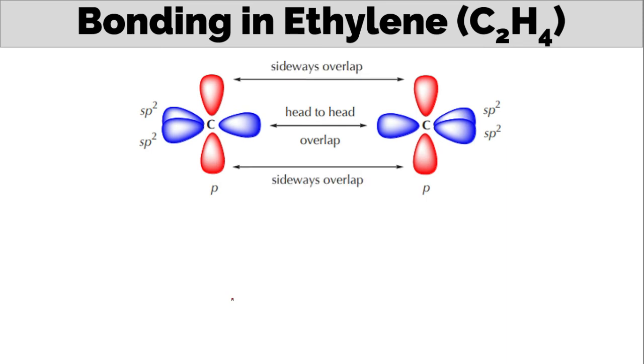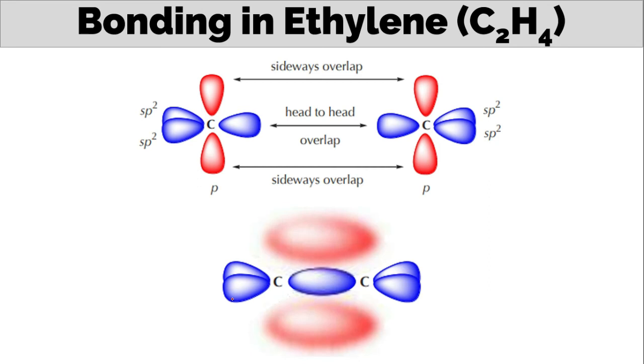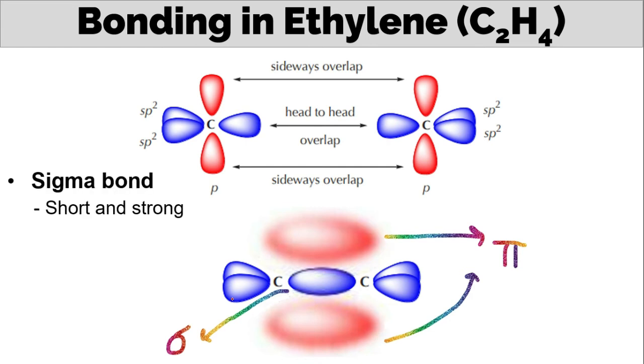The bond formed by sp2 orbitals is a sigma bond, and the bond formed by the p orbitals is called a pi bond. So this illustration tries to convey a basic feature of the pi bond as compared to the sigma bond. The sigma bond is short and strong. As a rule, head-to-head overlap is the most efficient way to bond and results in relatively strong and stable bonds.